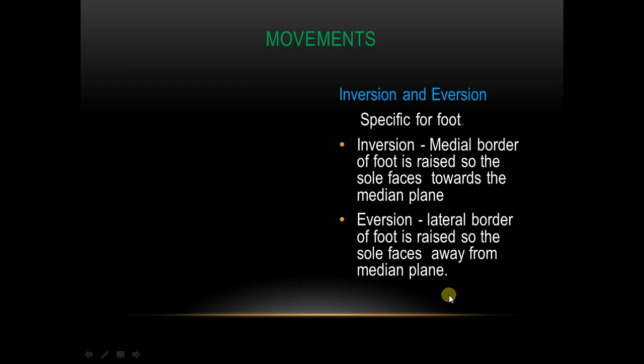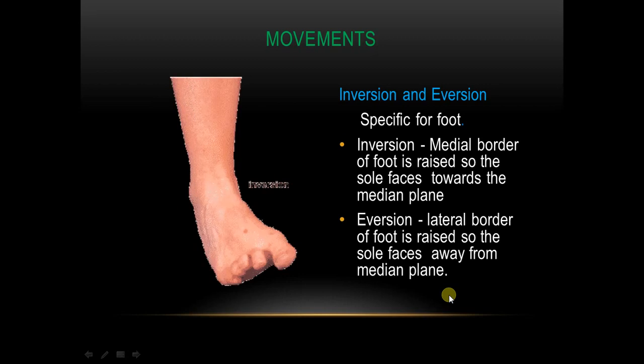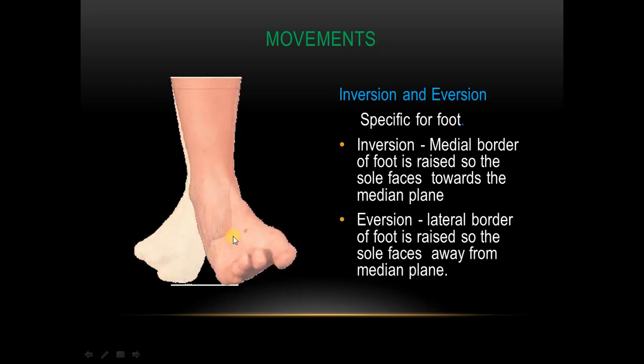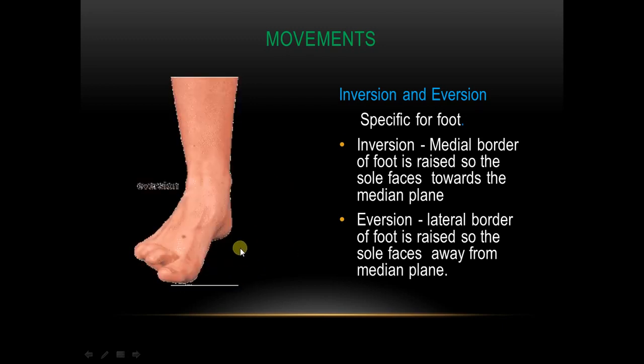In the same way, like pronation and supination are specific to the forearm, inversion and eversion are specific to the foot. Inversion is a movement in which the medial border of the foot is raised so that the sole of the foot faces inwards.